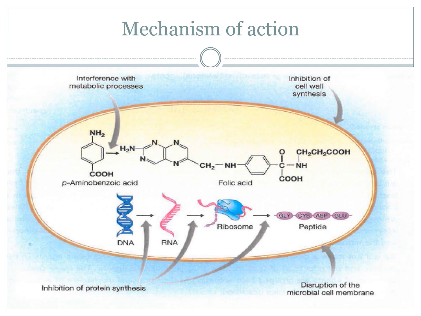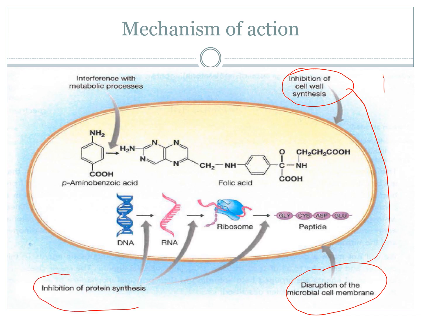So the different ways in which antibiotics work is either inhibiting or disrupting the cell wall or cell membrane itself. So it can either stop certain activities within the cell wall or cause the cell wall to break down. Another way is it inhibits protein synthesis.